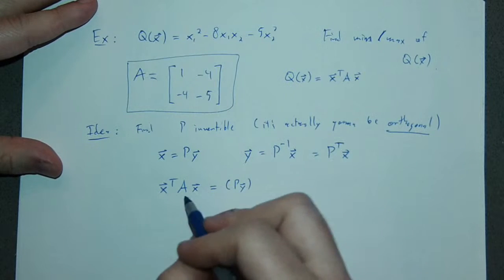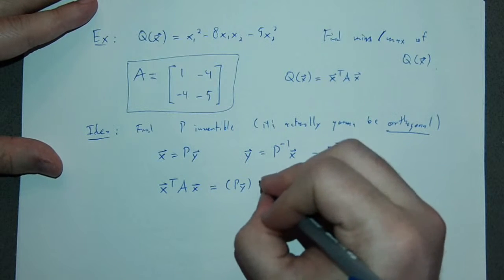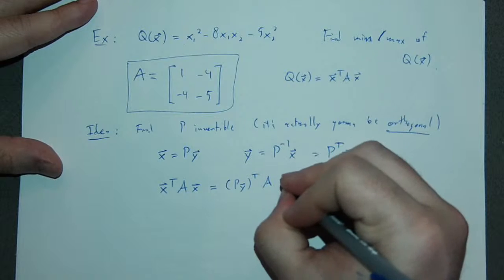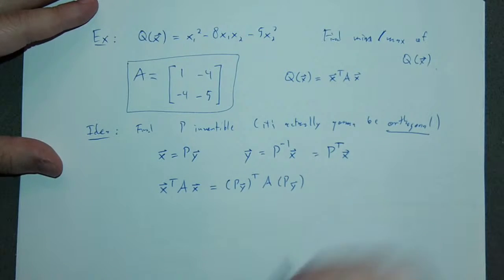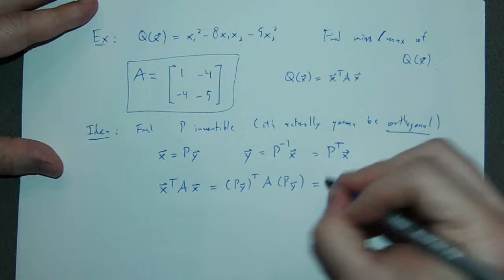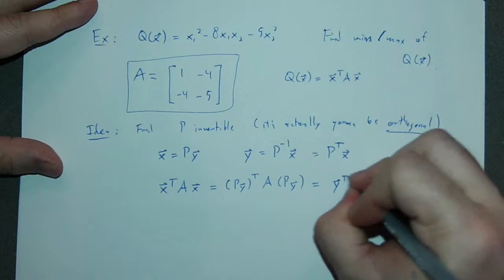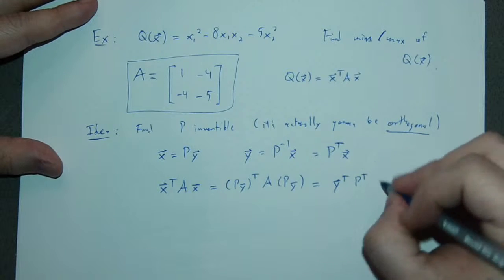By plugging in, this is Py transpose A times Py, which after I do all this and associate, I get y transpose P transpose AP y.